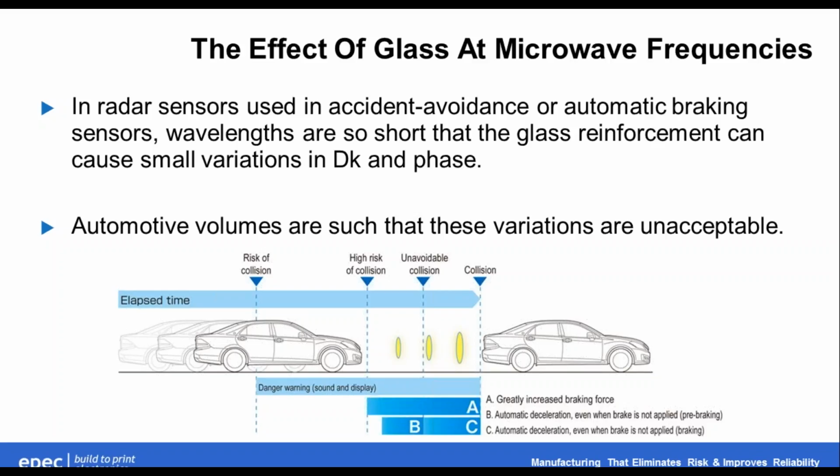And in most boards that wouldn't be all that important, but with those frequencies it is important, and with the volumes and the consequences of failure in automotive applications, you just can't accept failure. So you need to select a material that's appropriate for handling that kind of signal frequency.